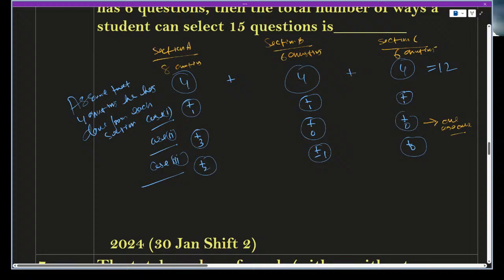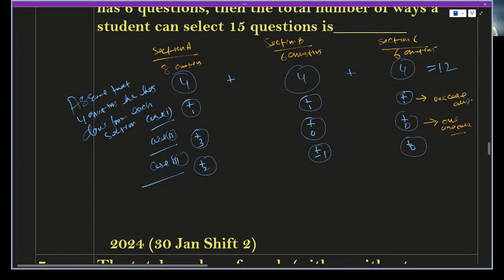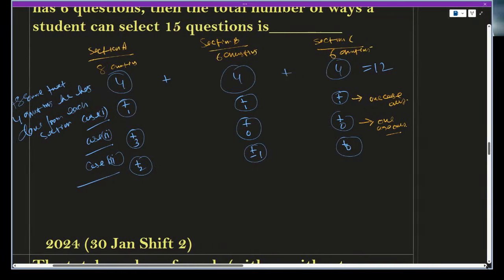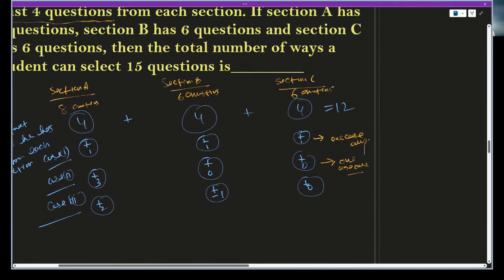You have to take 3 from here if you go 3, 0, 0. What about this thing? Will it be distinguishable? I am taking 1 from this, 1 from this, 1 from this. Just one case. But here the last one, 2 cases will be there. So write the answer in each case. Understood the case? 4, 4, 4, 12 are already taken.